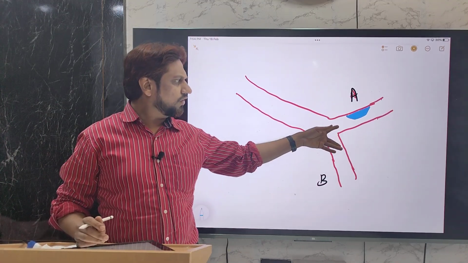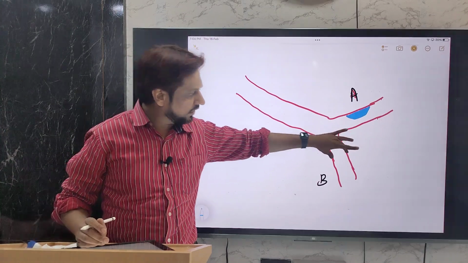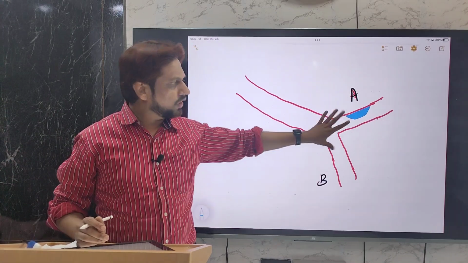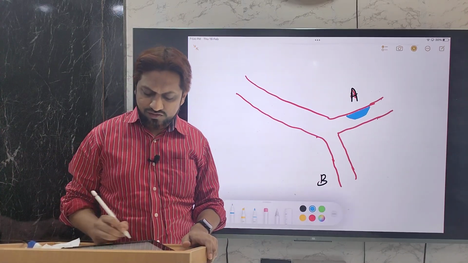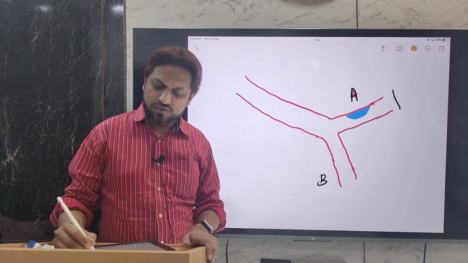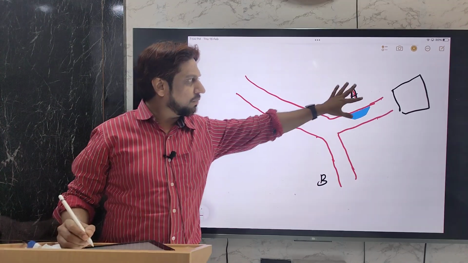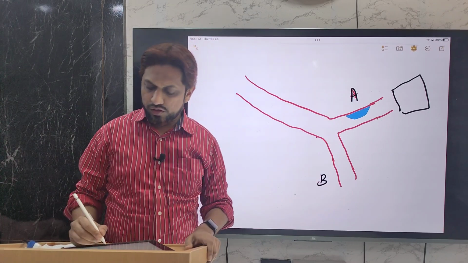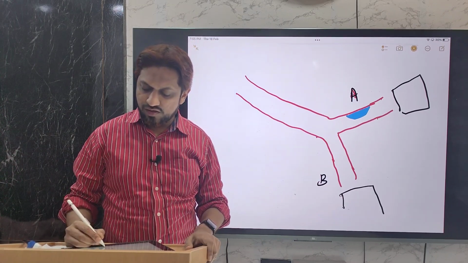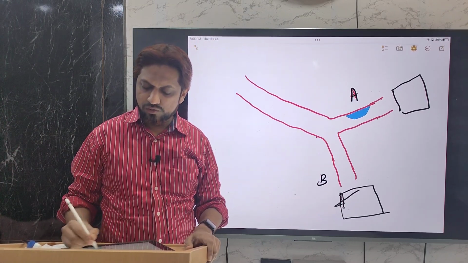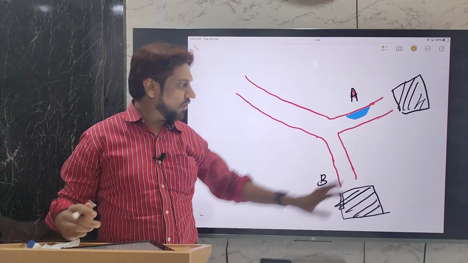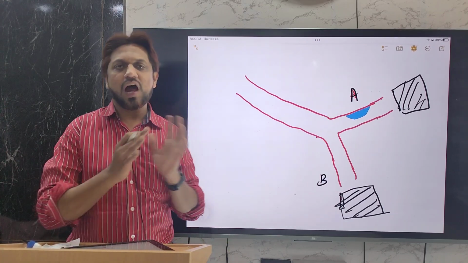Consider both vessels to have the same diameter, more or less. Now consider blood vessel A is supplying this zone of myocardium, and blood vessel B is supplying this other part of the myocardium, the heart muscle.